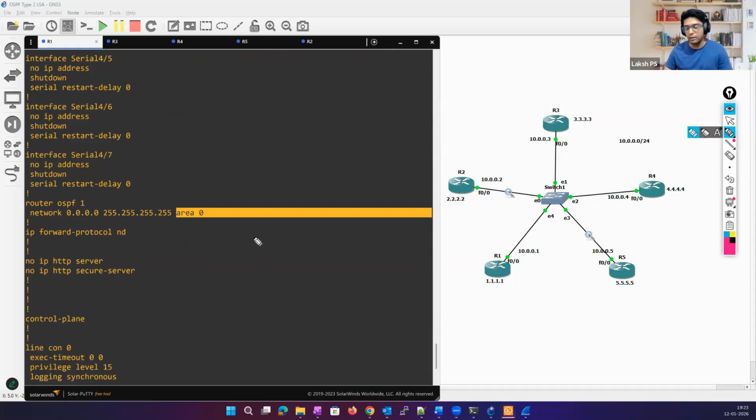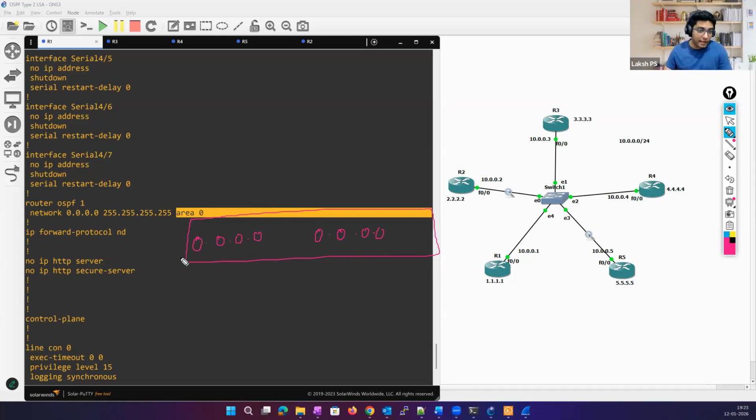In the wildcard mask session that I was taking, I explained the concept of 0.0.0.0 and wildcard mask 255.255.255.255, which means OSPF will be enabled on all the interfaces and OSPF messages will be sent out of all the interfaces.